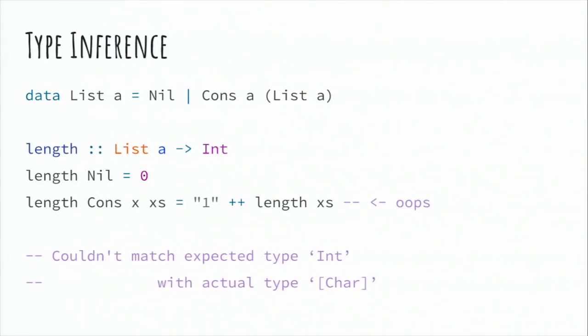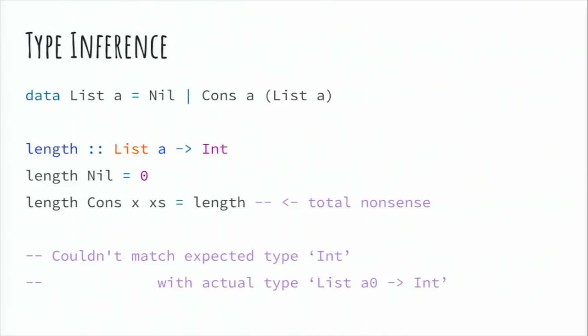So we can tell the compiler that, and then our oops is actually on the right line. So it says, oh, I couldn't match type int with actual type string. So you're making a mistake there on that line. So types are optional, but they're helpful for the compiler error messages and for readability, of course.